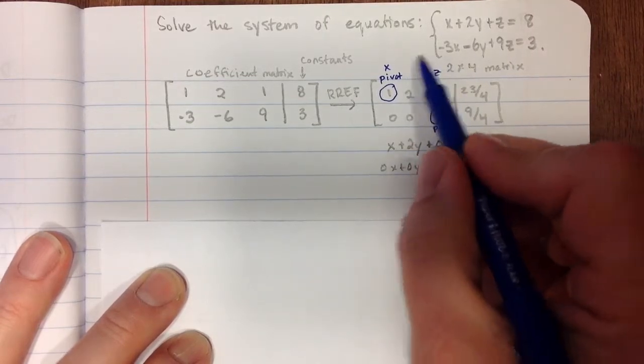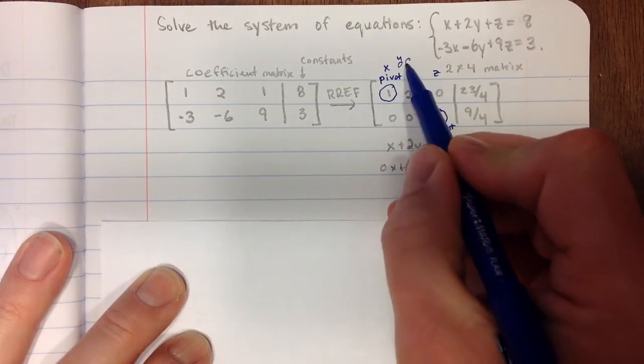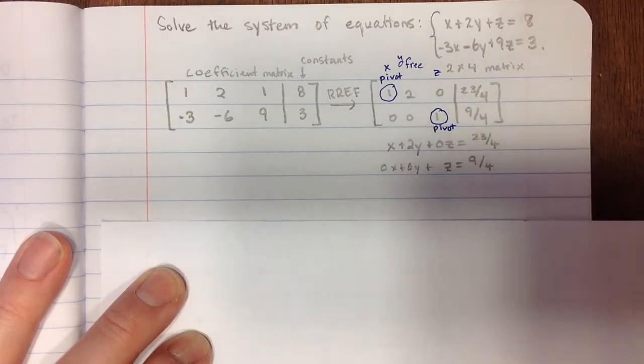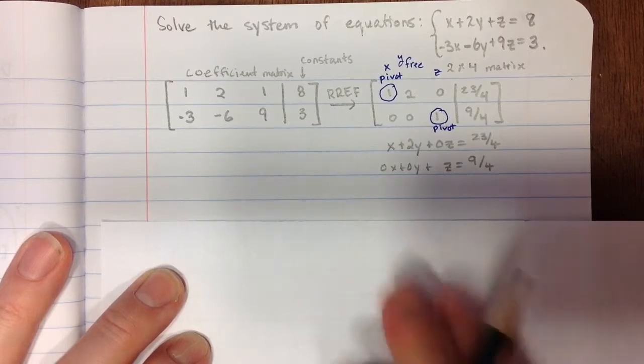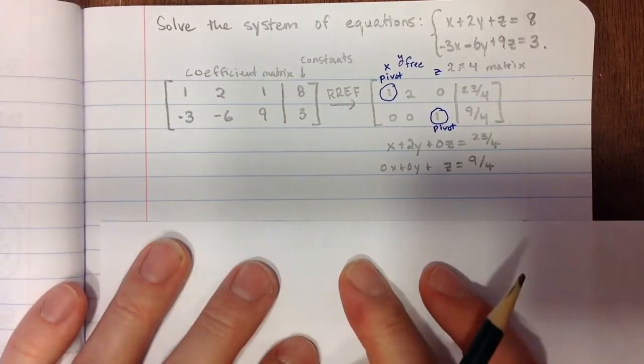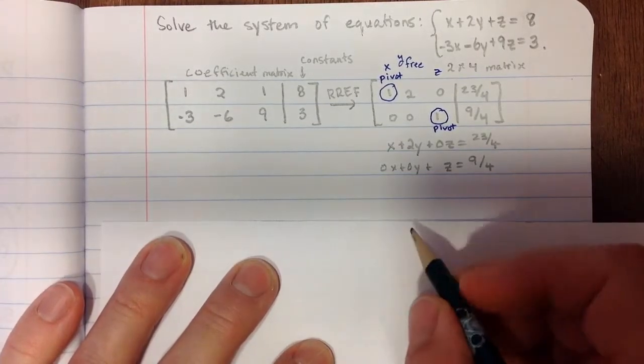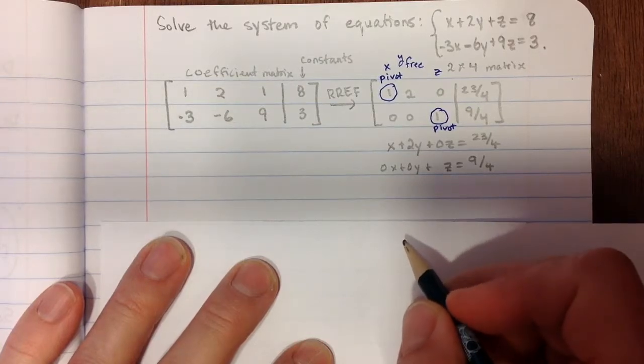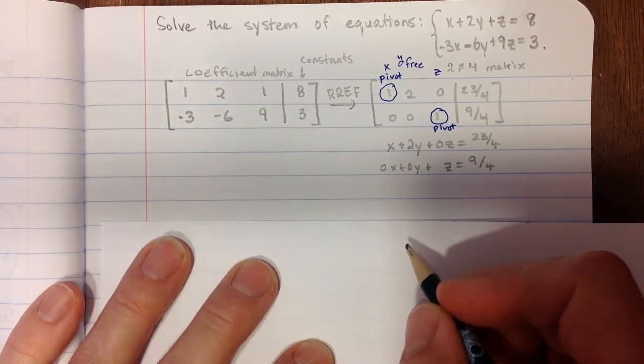That means y is going to be what we call free. Pivots and free variables are important in our study because for the pivots you will be able to solve in terms of the free variable, and free variables are free to do what they want to.